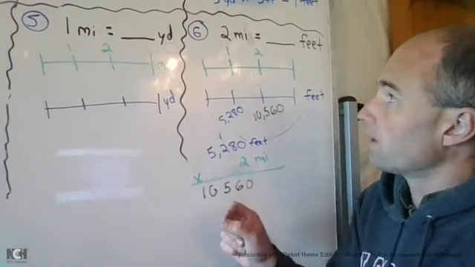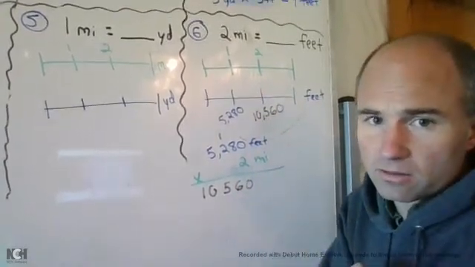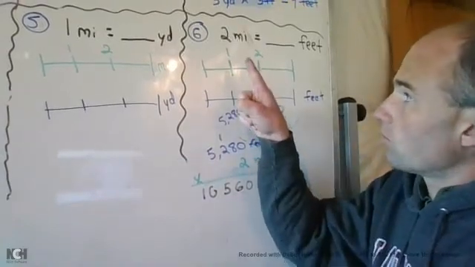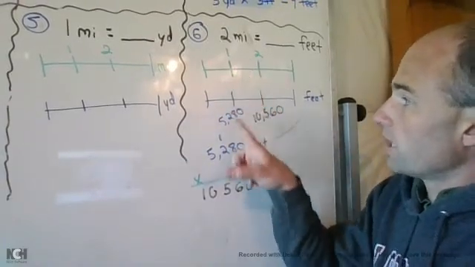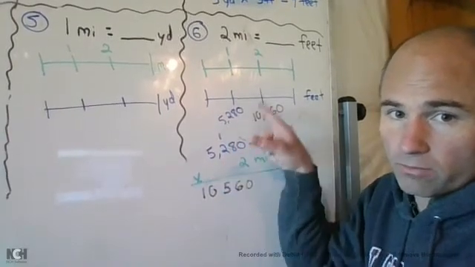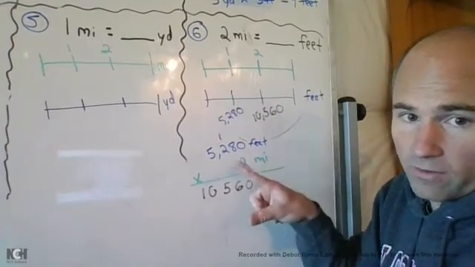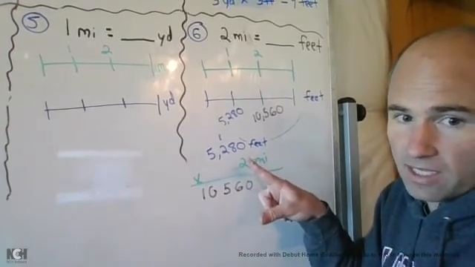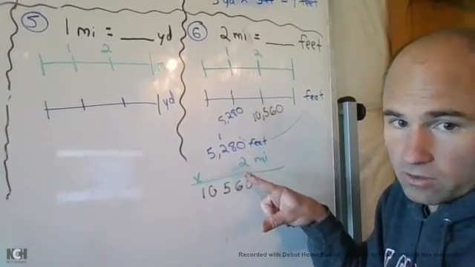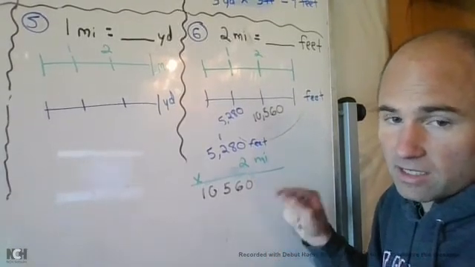So we have 2 miles equals how many feet? So 1 mile makes 5,280 feet, and we know that according to our chart. But I want to know 2 miles, how many feet? So I took 5,280 feet and times that by 2 miles to come up with 10,560 feet.